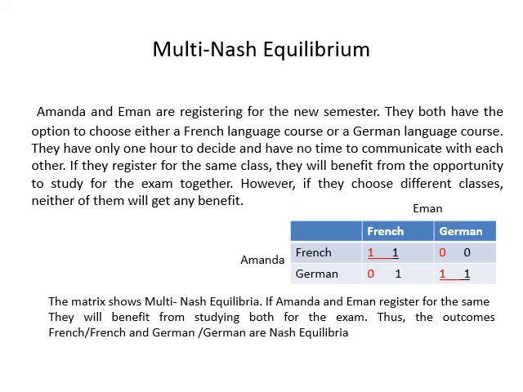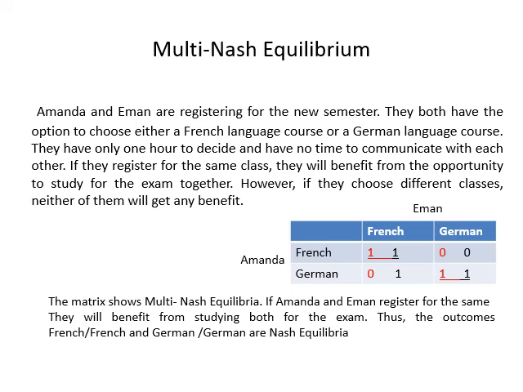They have only 1 hour to decide and have no time to communicate with each other. If they register for the same class, they will benefit from the opportunity to study for the exam together. However, if they choose different classes, neither of them will get any benefit.